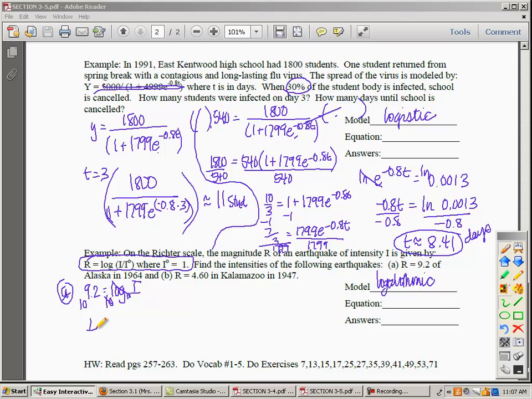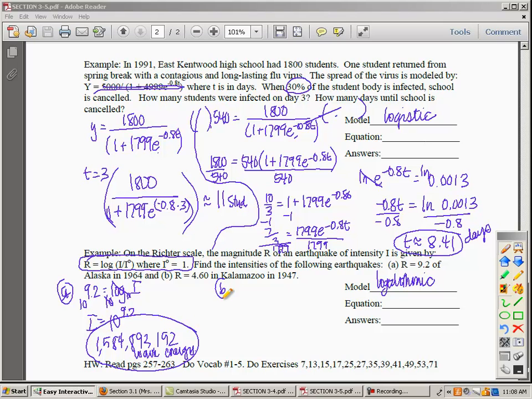So basically, I is 10 to the 9.2 power, which is about 1,893,192, and I want to have some sort of description, and it doesn't look like I give it to you in the story problem, but I believe it's wave energy based off the question like this. There's a question like this in your book.